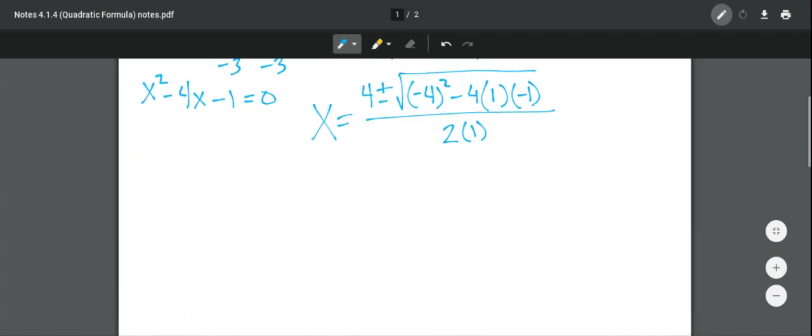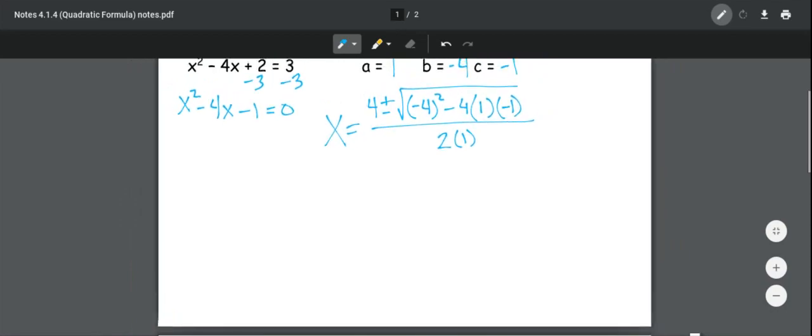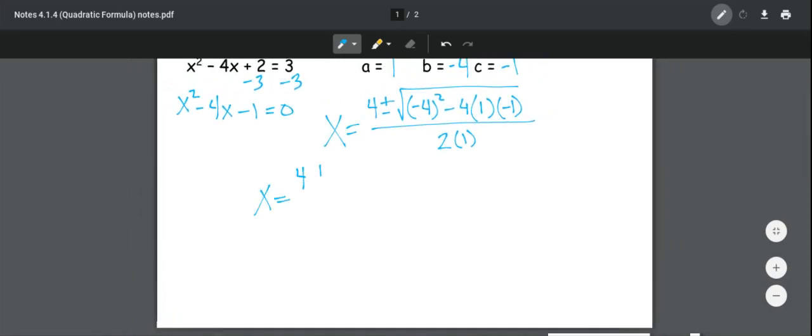So how we are going to solve this first is you are going to keep the 4. 2 times 1 is 2. So what you are going to do is you are going to put all this under the square root, or all under in your calculator, okay? And you can just do it just like how it is.